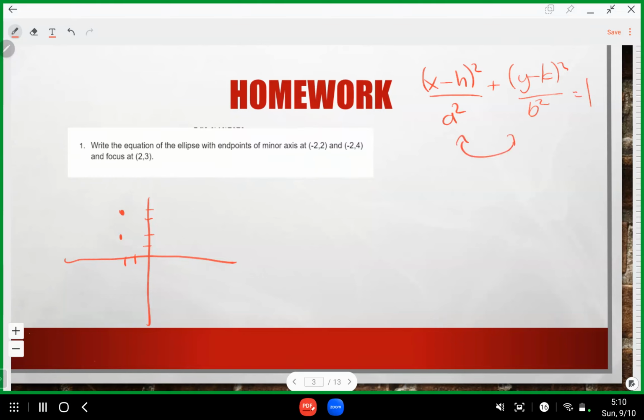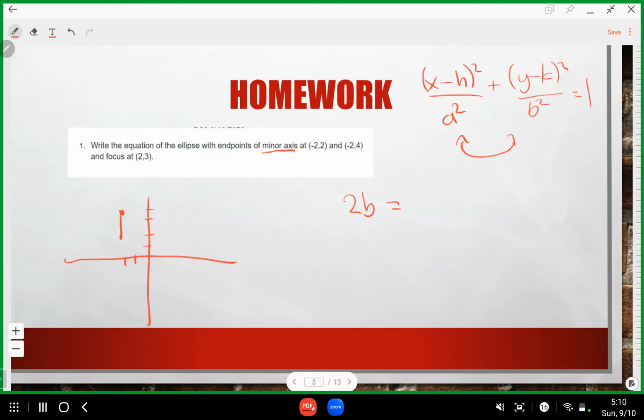But it seems that the minor axis here is vertical. And we know that the minor axis is equal to 2b to be exact. So that's the length. b is only half the minor axis.